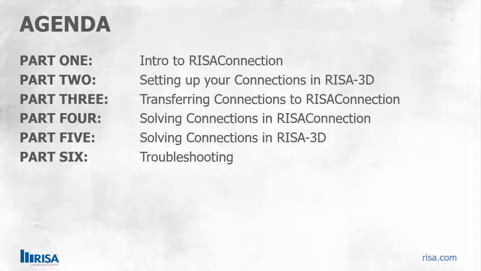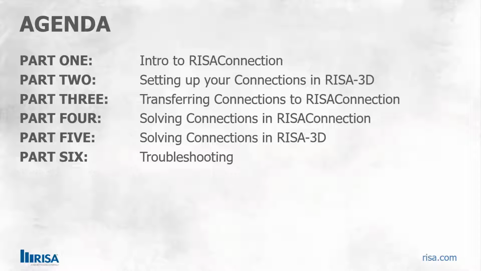Next, we're going to solve those connections in RISA-connection, and then we'll show you a little bit of solving connections in the RISA-3D platform as well. Our final topic is going to be troubleshooting, which may be the most important aspect, because it's really going to help you progress through your modeling and actually get the results that you need if you run into issues.